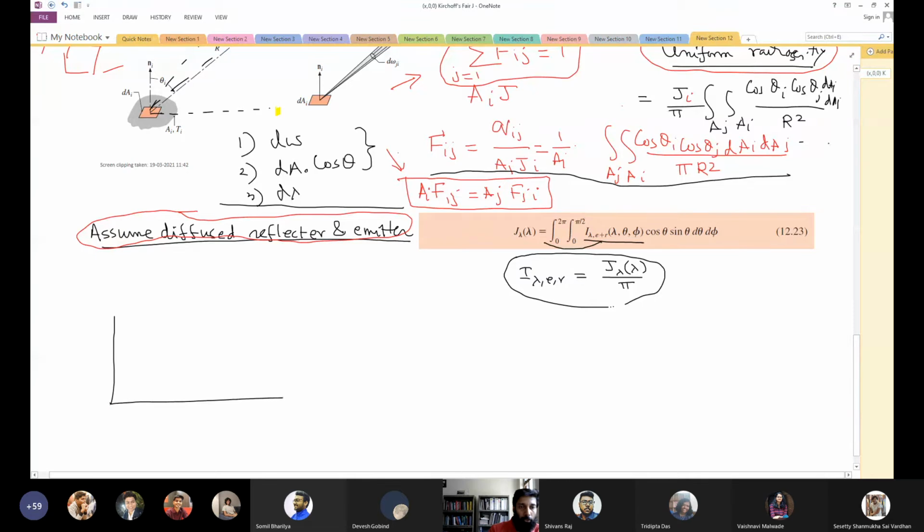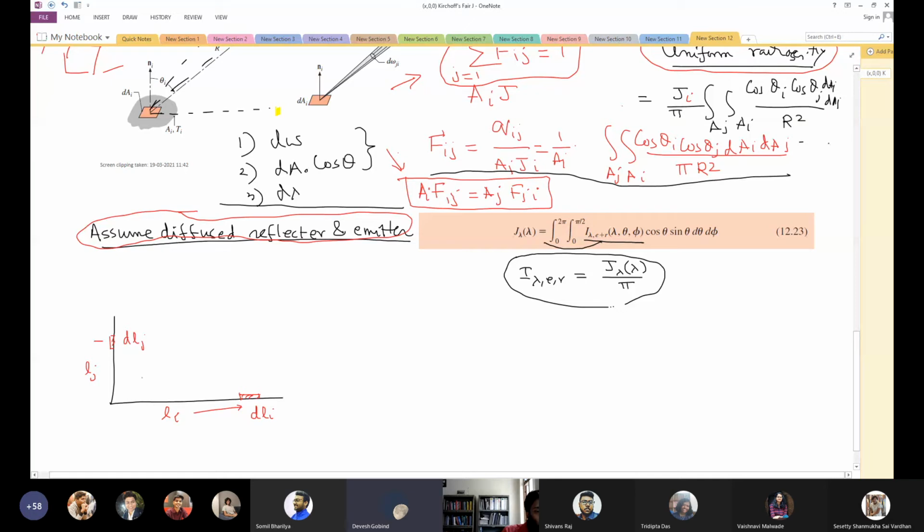Say this is 0, 0. This is small li, dli, another length, small lj, dlj. Okay, agreed?